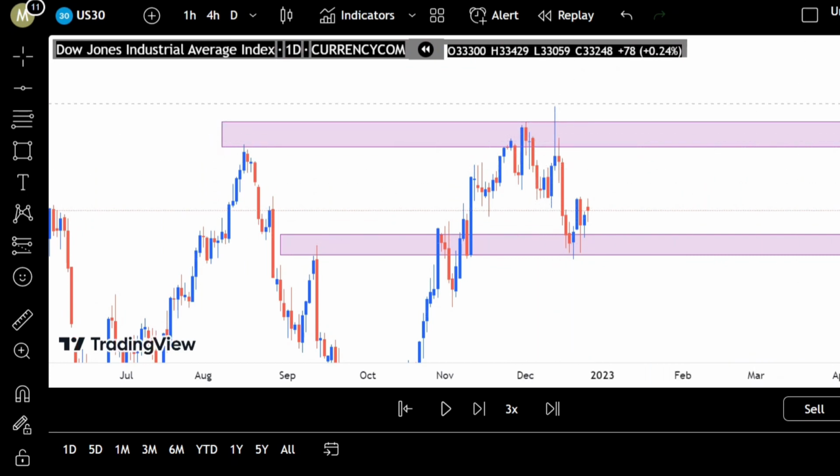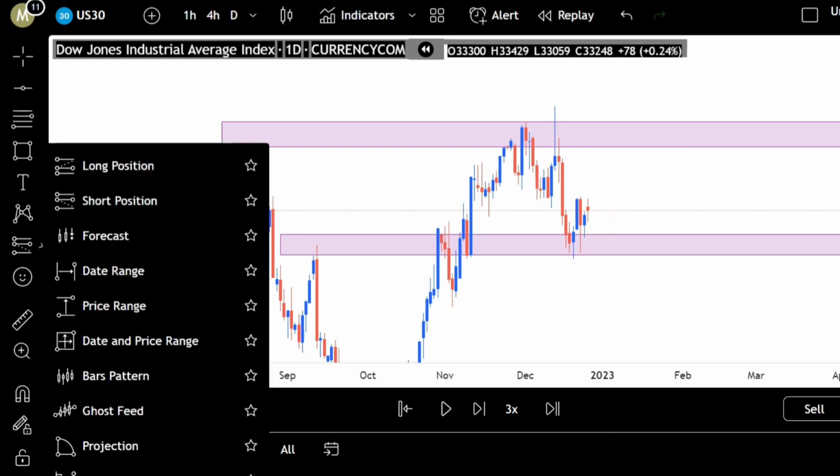So traders, before I even go into the smaller time frame and show you the confirmation, as I told you, a ranging market is one where price bounces in between, and then you buy and sell, as you can see right here. If you have to take a trade here, this is how you take your trade. You're taking a long position.